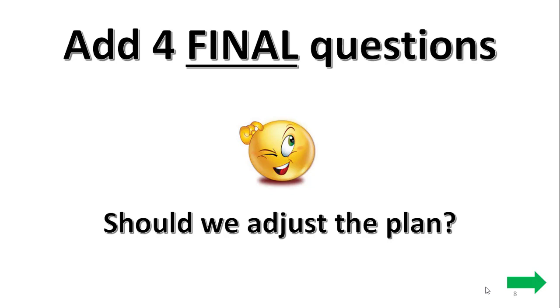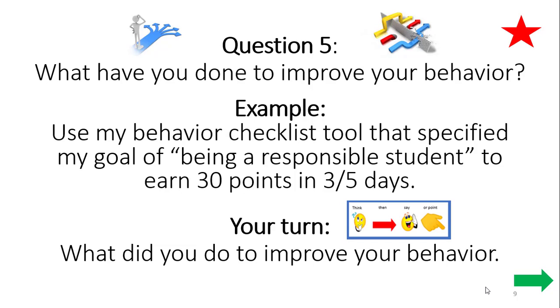So now we're going to answer 4 final questions. What have you done to improve your behavior? So I put an example here, and you can feel free to use this one or use something else in your own words. Use my behavior checklist tool that specified my goal of being a responsible student to earn 30 points in 3 out of 5 days.